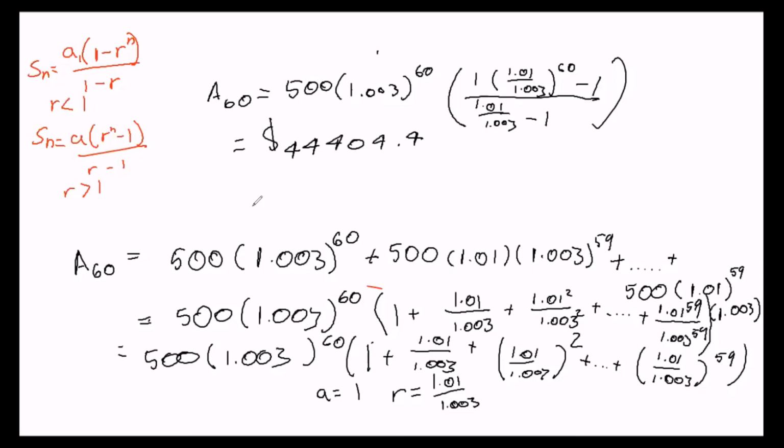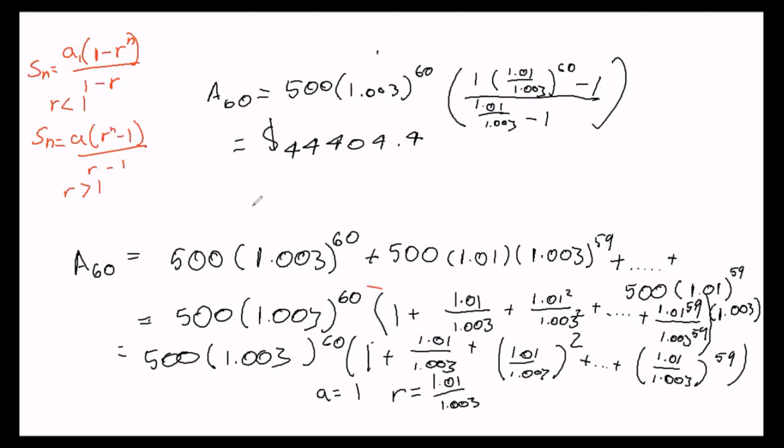So let's say for 60 months, if you were to put in 500 plus 1% of 500 each time at a 0.3% interest rate, you would have this after 60 months, so 5 years.